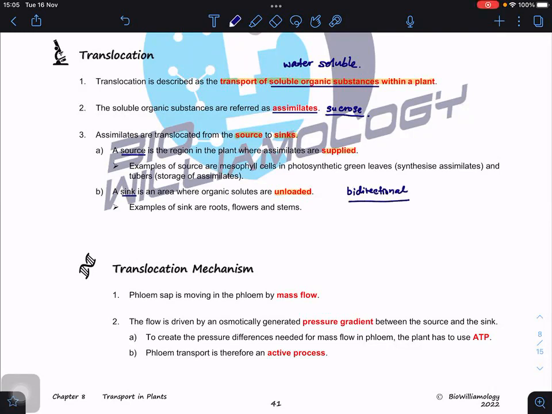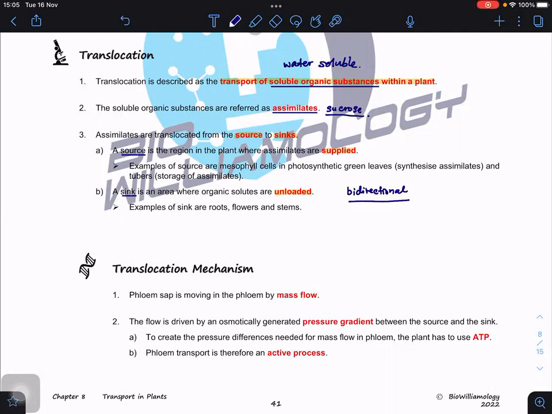It can go up the phloem sieve tube element, and it can go down. It depends on the hydrostatic pressure gradient.